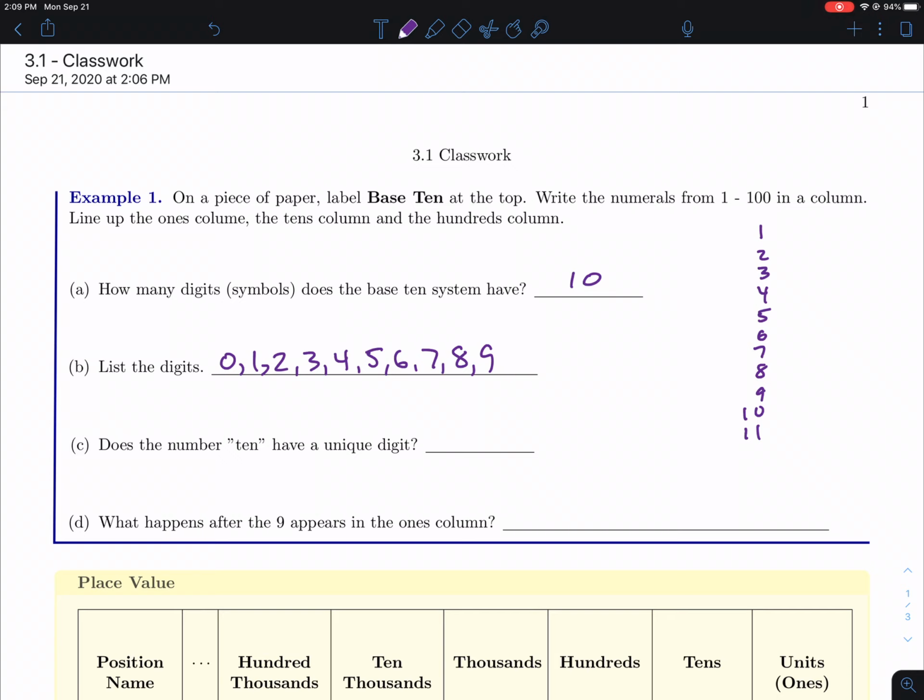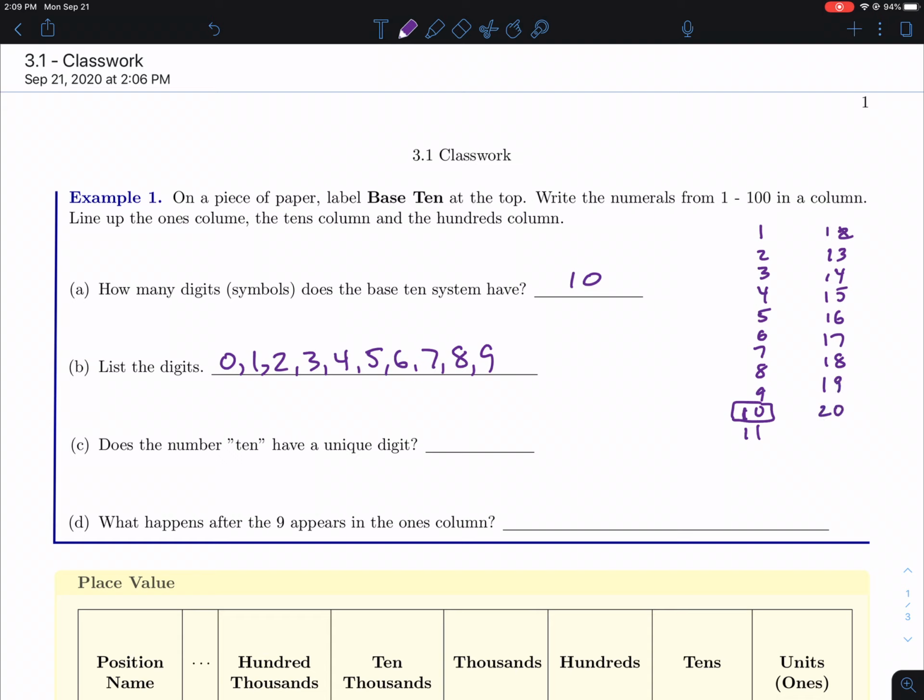And then it says, does the number 10 have a unique digit? Notice it starts over at 10. We counted up to 9, and then we made this a 0, and then we put a 1 in the next position. If we kept going further and further, 11, 12, 13, 14, 15, 16, 17, 18, 19, 20.